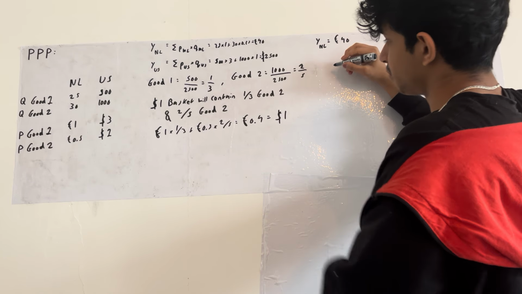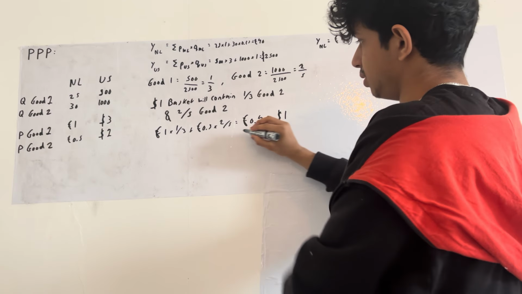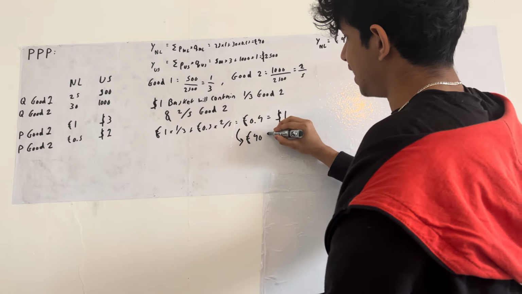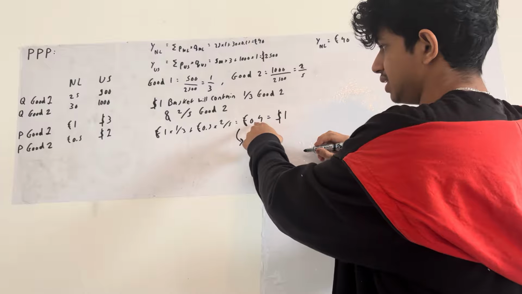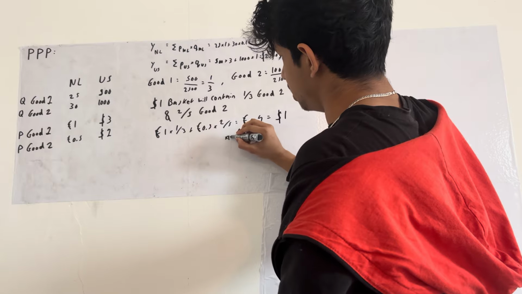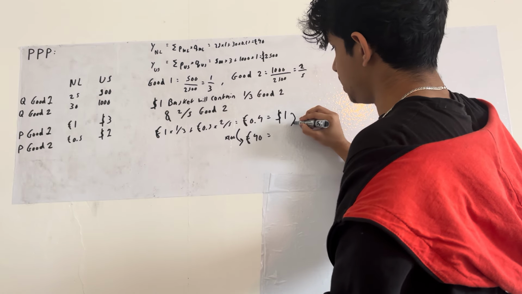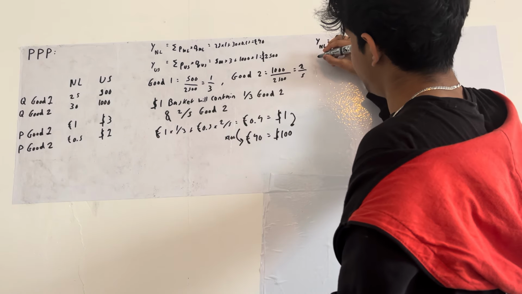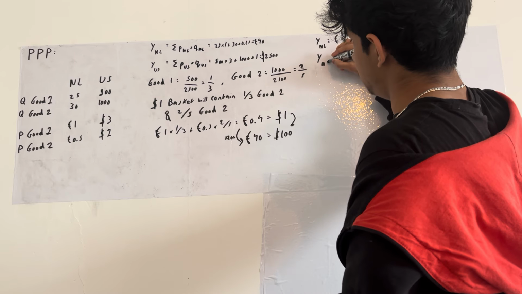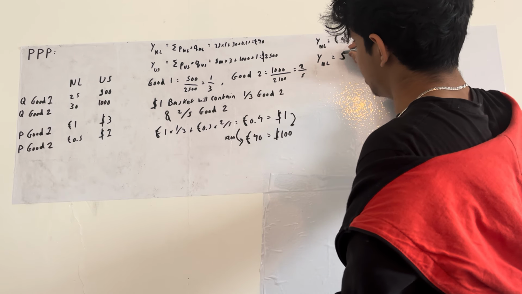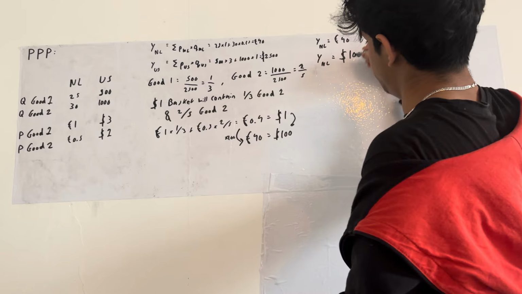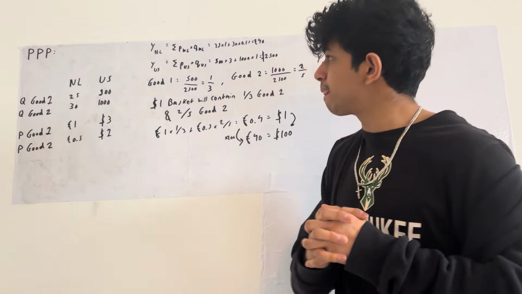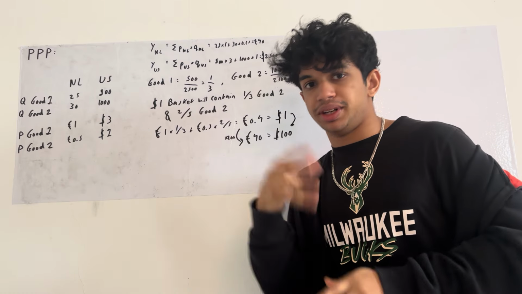This is actually pretty easy. 40 euros times 100 means it's going to be equal to $100. So therefore, the Netherlands GDP in US dollars is 100. Pretty straightforward. That's the video, pretty short.